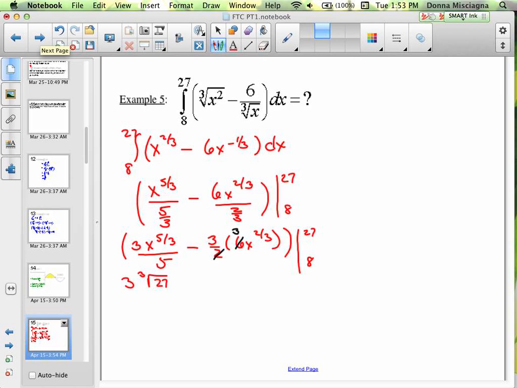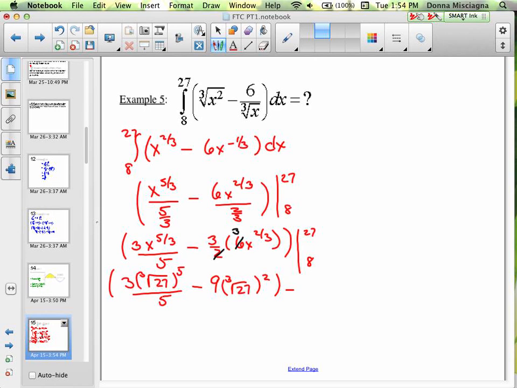So we have 3 times the cube root of 27 to the 5th power divided by 5 minus 9, and then, don't forget my parentheses, 9 times the cube root of 27 squared, and there's nothing in the denominator here.